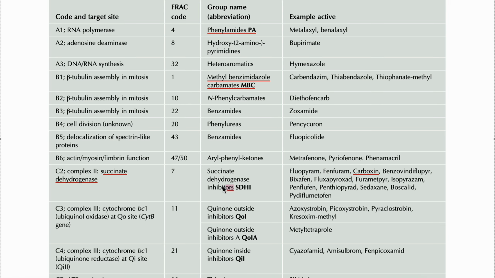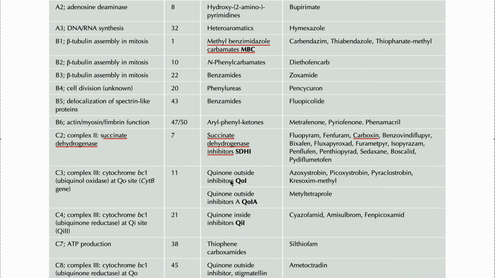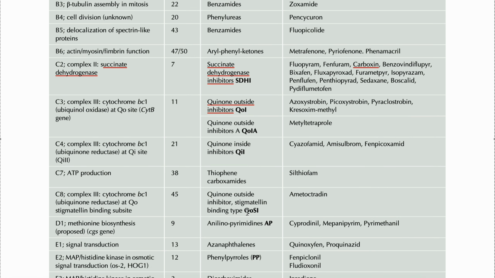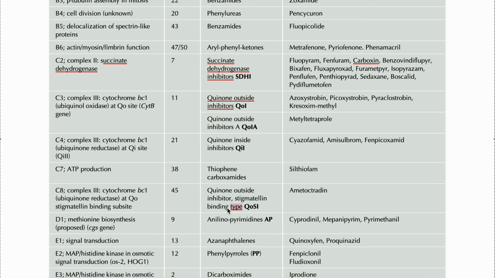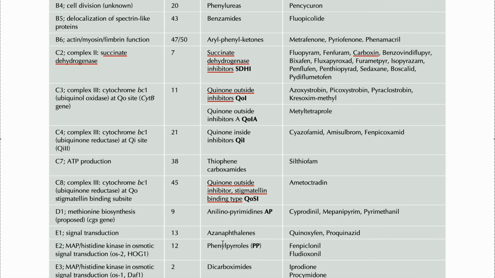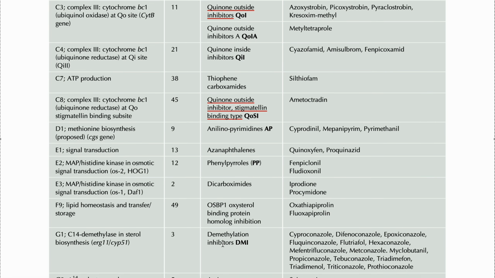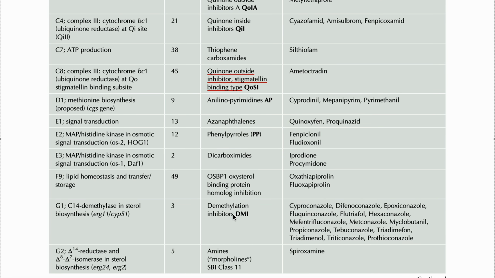The next important is this quinone outside inhibitor. These are the examples of the strobilurin group. Okay, so this is also one of the important ones. Then DMI, there was one short term, remember we were searching for it.